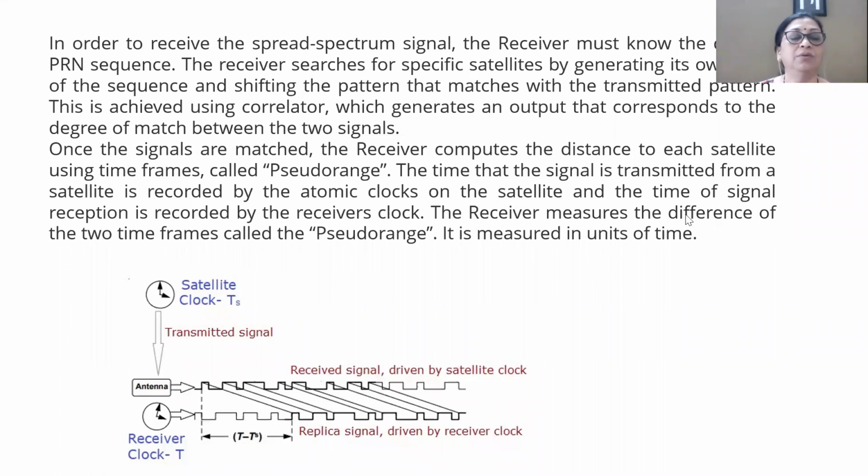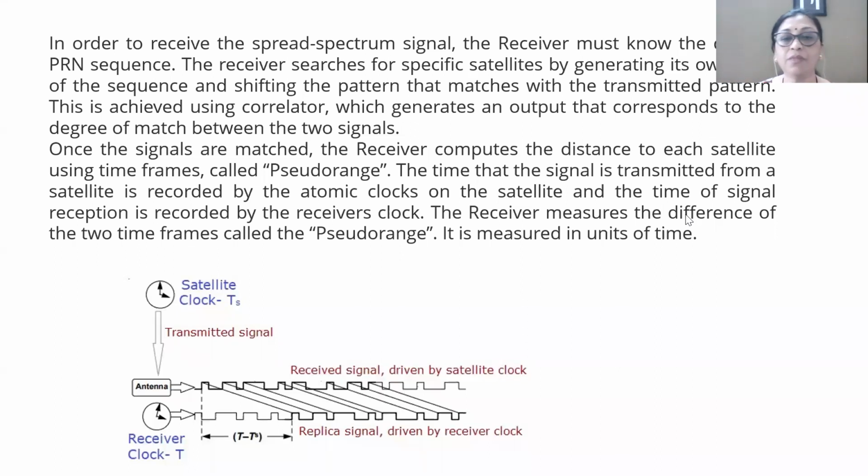The frames which are transmitted by the satellite are called pseudo range frames, and with the help of these pseudo range frames, the calculations are carried out and the distance is found. And once the distance is found, the coordinates of that point of interest are calculated with the help of the known coordinates of the satellite. So this is what is actually done here.